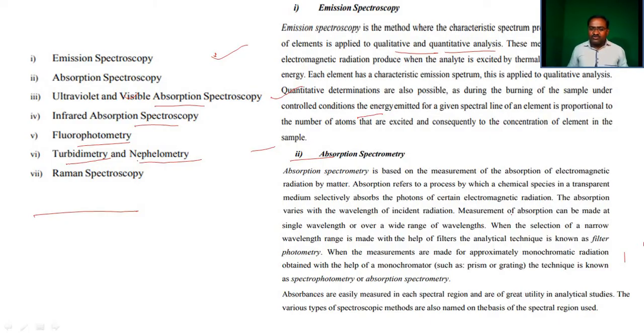Absorption spectroscopy is based on the measurement of the absorption of electromagnetic radiation by matter. Absorption refers to a process in which a chemical species in a transparent medium selectively absorbs the photons of certain electromagnetic radiations.